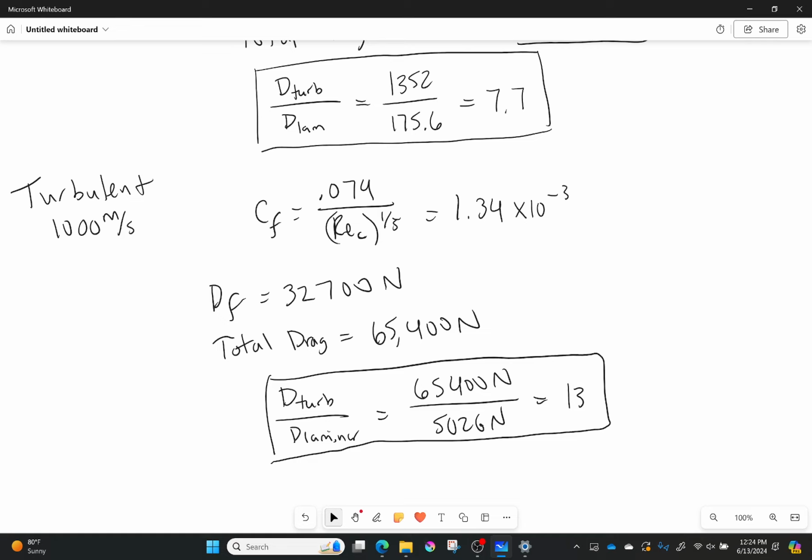And it's still a big deal even when I'm moving at a Mach number 0.3. I'm still having significantly more drag when I'm going turbulent versus when I'm going laminar. So we need to, as much as we can, minimize turbulence. Try to keep our flow laminar and to avoid this. Cool, there we go.